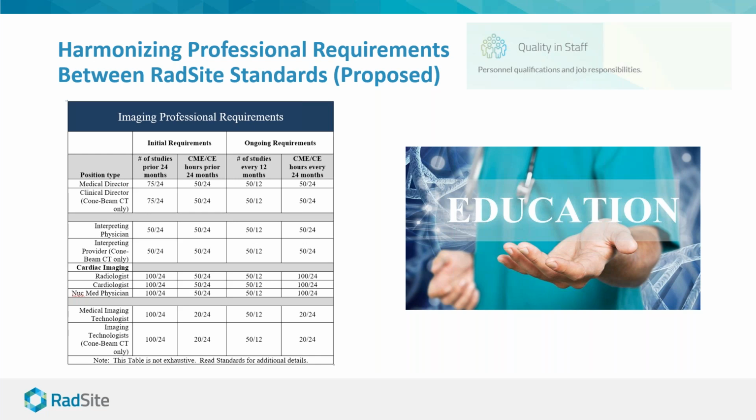We've also set requirements for the medical imaging technologist as well. And so the idea is that people have some experience with studies in the past, that they get some continuing medical education or continuing education, and then that they continue to do so on an ongoing basis. And while doing this, we've been cognizant of the differences in the types of education available to people in different fields.